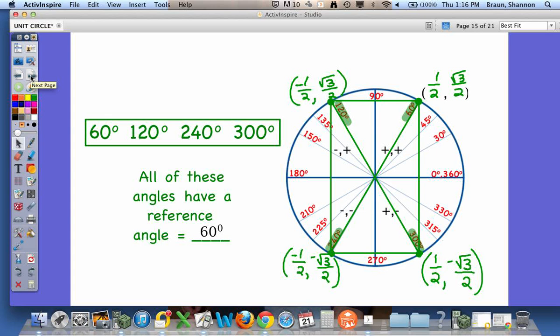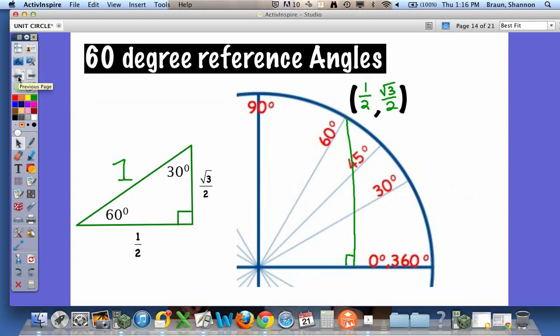Steven? I was asking, how do you find those coordinates? For this one again? Yeah. Okay, so here, let's go back one. It's the same idea as what we did on the last one. So if my hypotenuse is 1, to go from the hypotenuse to the short leg, I divide by 2.